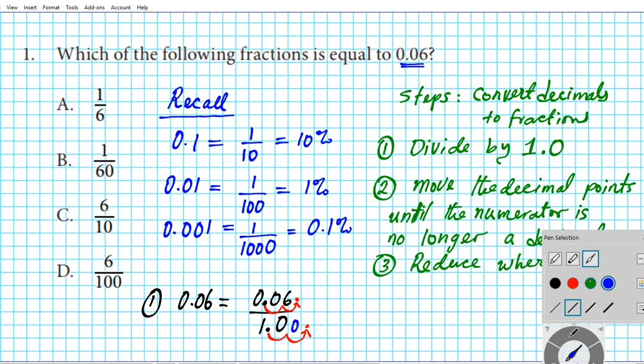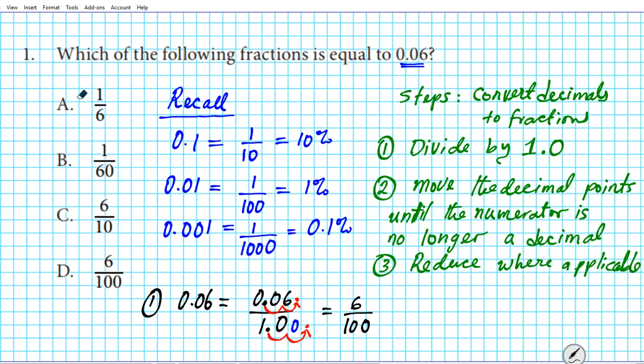So our fractional equivalent of 0.06 is 6 over 100. This can be reduced further into 3 over 50, but if you take a look at the options here, we do not have 3 over 50 as an option. So it is left in its unreduced form. Answer to number 1 is option letter D.